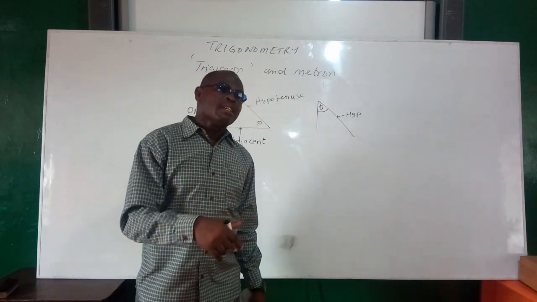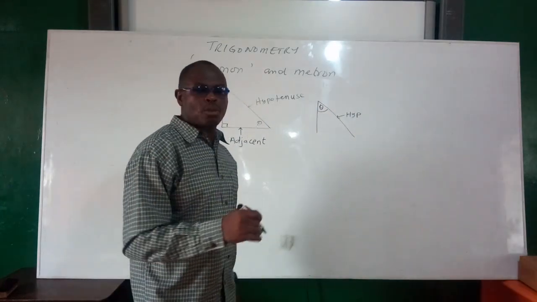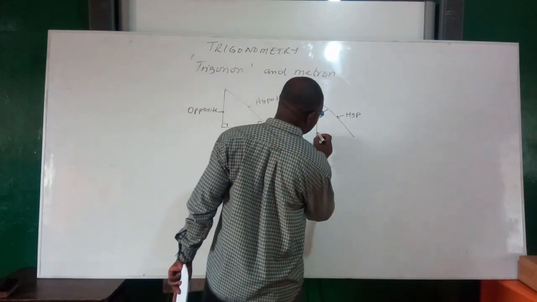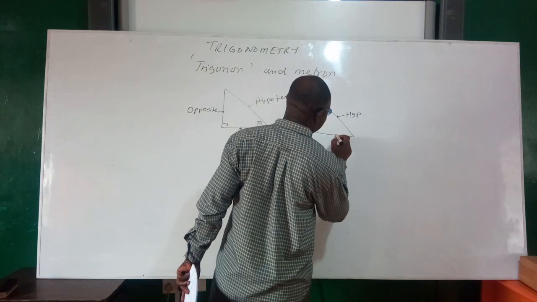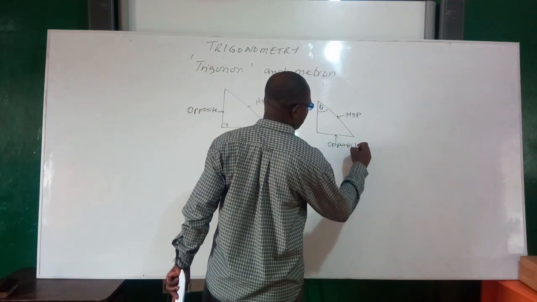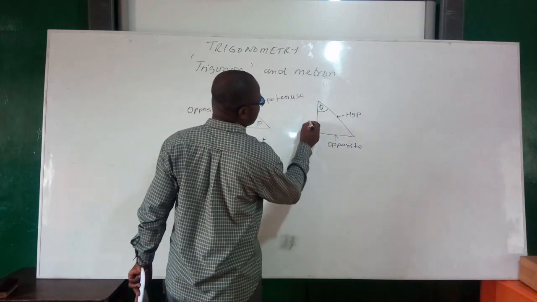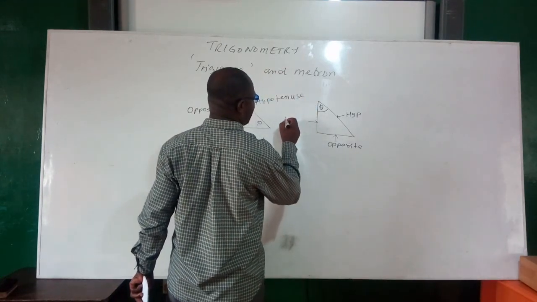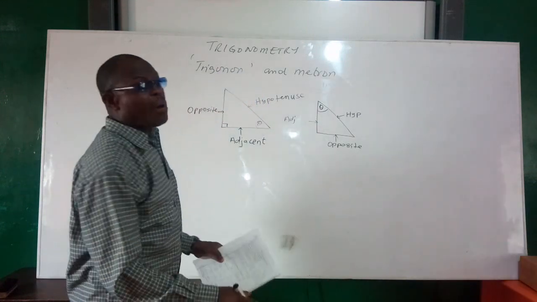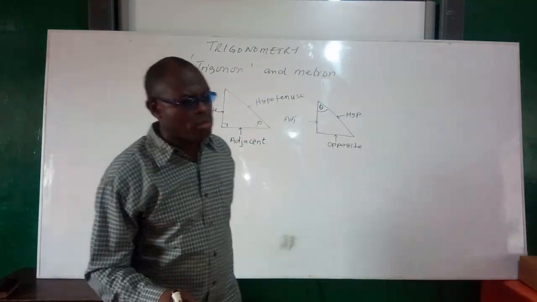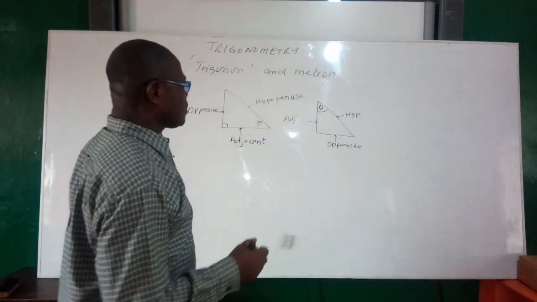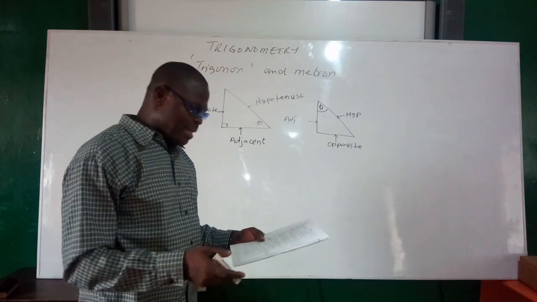So this side is the opposite. This means that this side has now become the adjacent. Right. So now we know the three sides: the hypotenuse, the opposite, and the adjacent.